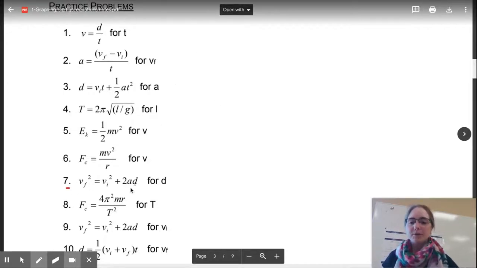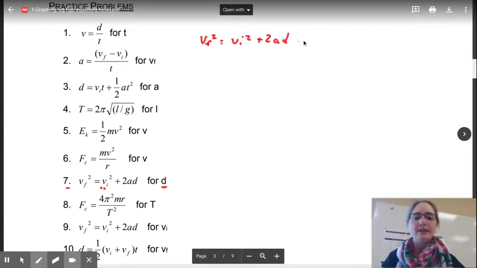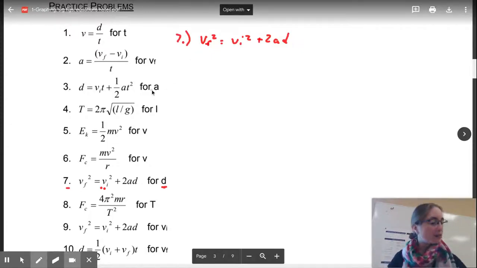Ladies and gentlemen, now this is a tough one. We're going to be solving for d here. We've got Vf squared equals Vi squared plus 2ad. Remember, reverse BEDMAS, and we have to focus on the chunks. This is the chunk that has d in it. Keep this separate.